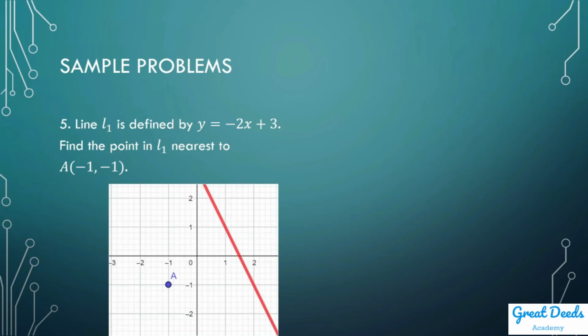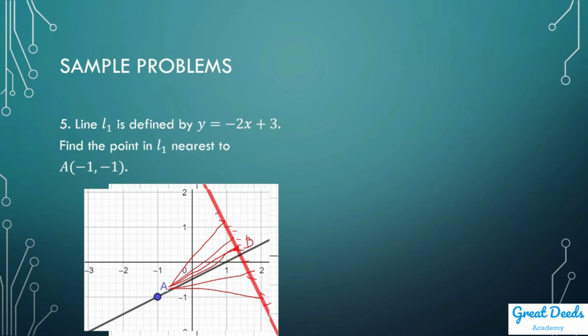Find the point in L1 that is nearest to point A. So you will look at what is the point in L1 that is nearest to point A. In your mind, you are maybe drawing these line segments, and from there you can see that the point nearest to A would be that point, let's call it point B, such that the line from A is perpendicular to L1.